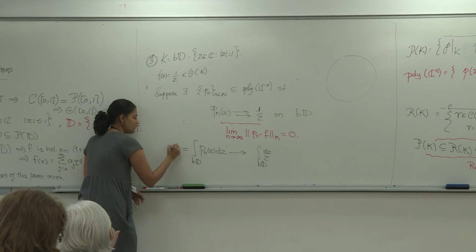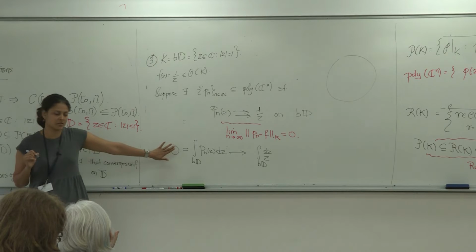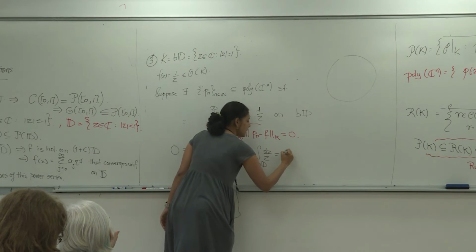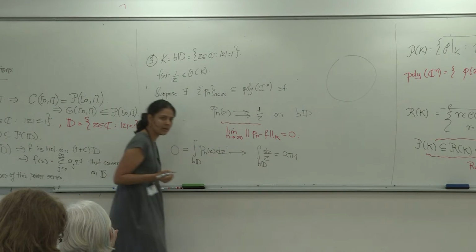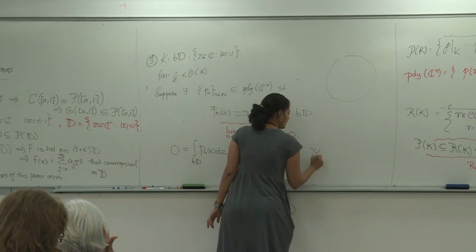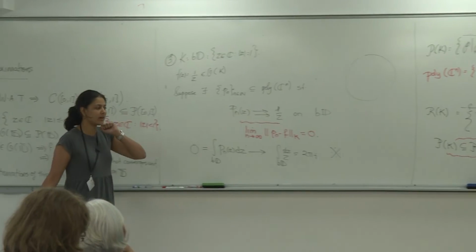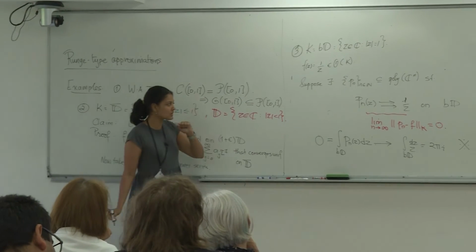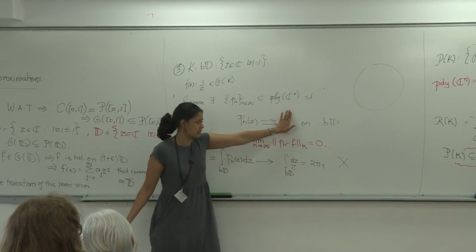Cauchy's theorem from one variable complex analysis tells you this is 0. This is residue calculus. This tells you this is 2 pi i. So there is a contradiction over here, which means that we were not right to assume that it is approximable by polynomials. Of course, this itself is a rational function.